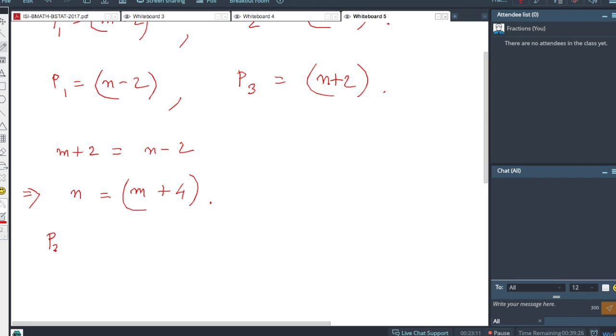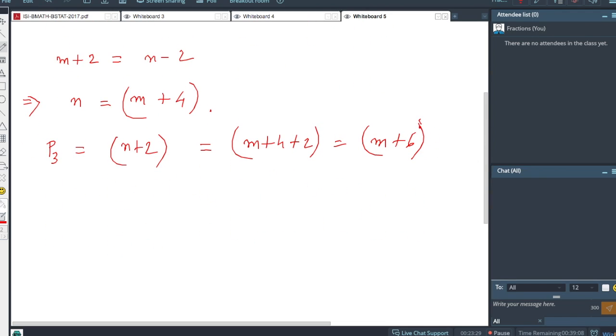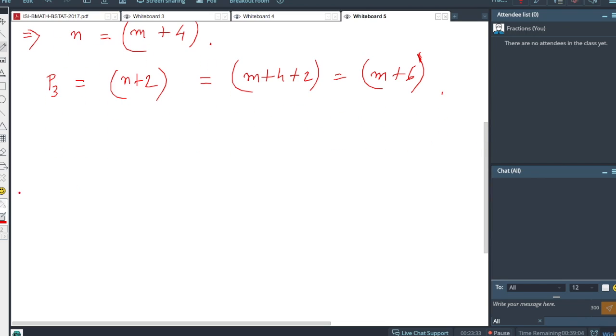And now first we get P3 to be n plus 2. So now P3 will be m plus 4 plus 2, that is m plus 6. And now again let's arrange them in the number line.